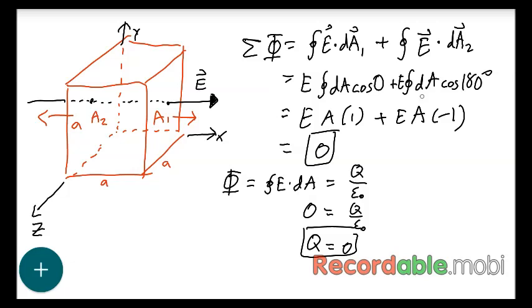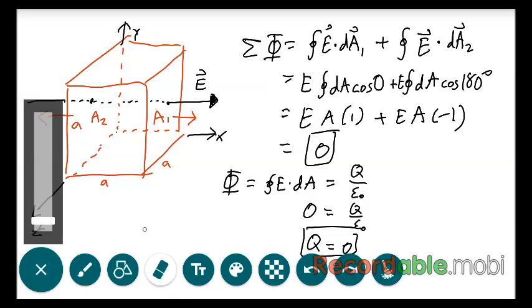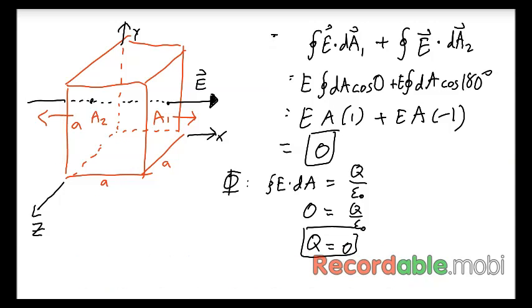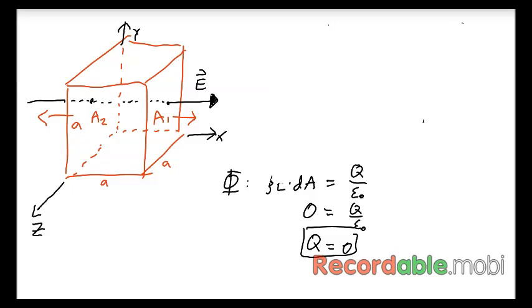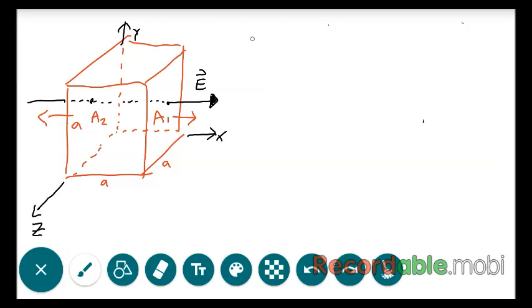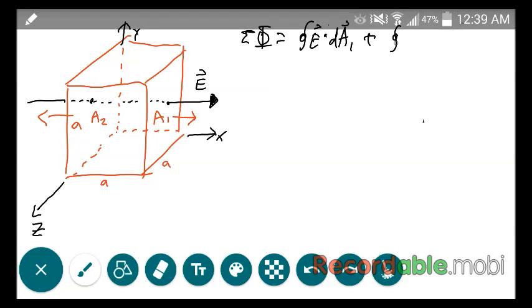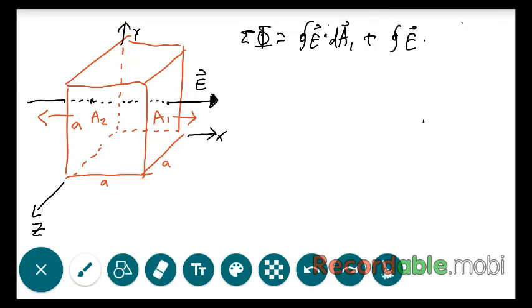Now, moving on to part B, we are going to do the same thing, except now the E field is not uniform. Starting off the same way, we're going to write the sum of flux is equal to the integral of E dot dA1 plus the integral of E dot dA2.